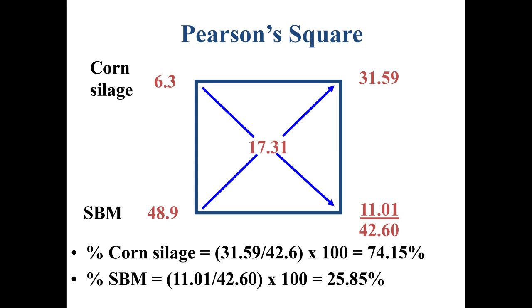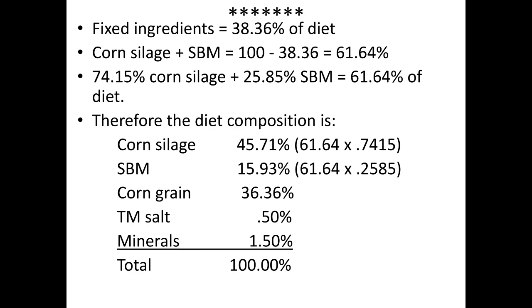Okay, so this is another point where I commonly see students stumble in the formulation. So remember that you solve your Pearson square, but that's telling you the proportions of those two ingredients out of 100. And so now we need to account for the fact that those two ingredients are not 100% of the diet. So remember, our fixed ingredients are 38.36% of the diet.